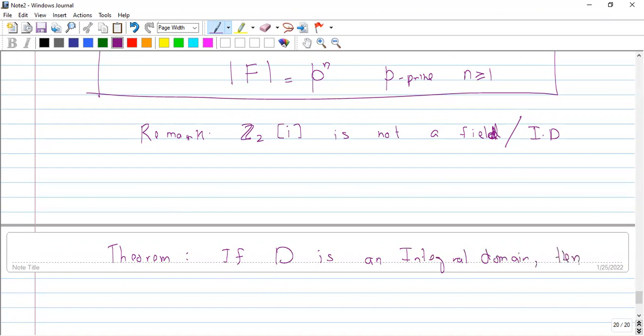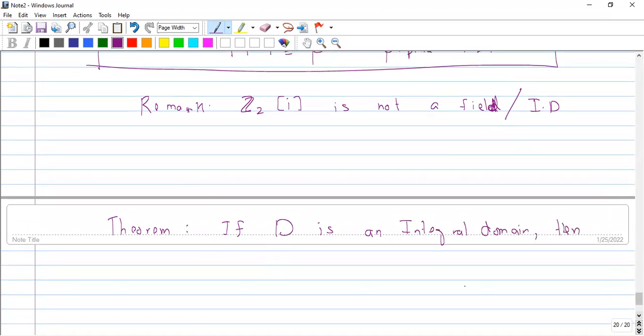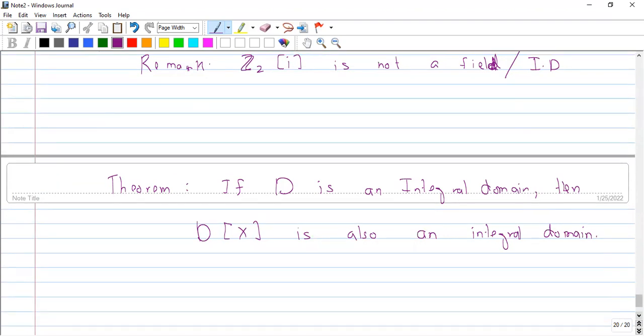then the polynomial ring over D is also an integral domain.